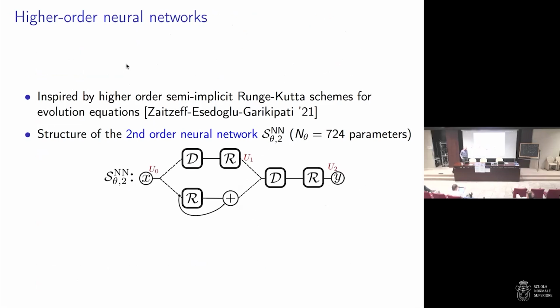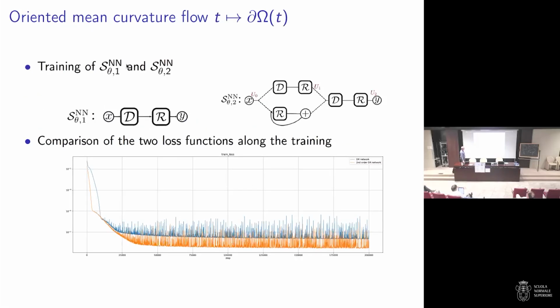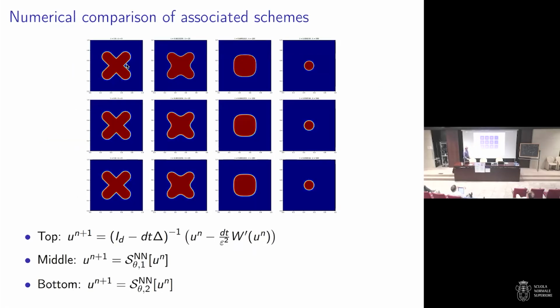The inspiration comes from residual neural networks. Well, we tried several combinations. What is interesting is the following. This is the plot of the loss function along the iterations, in blue for the first order neural network and in orange for the second order neural network. It's really oscillating. This is normal. It works pretty well.